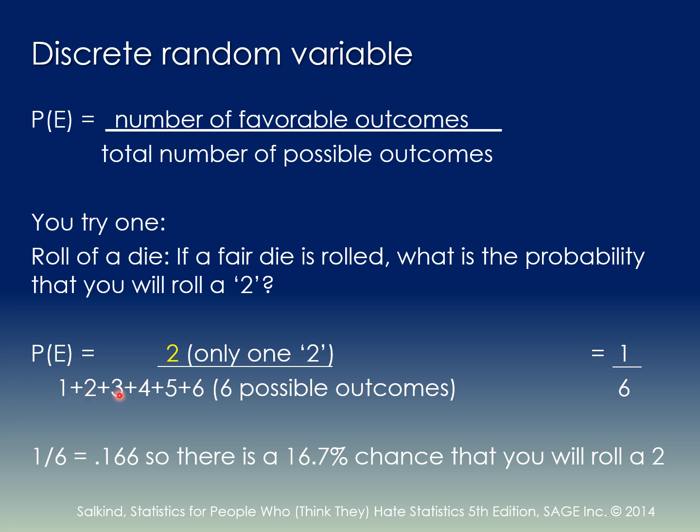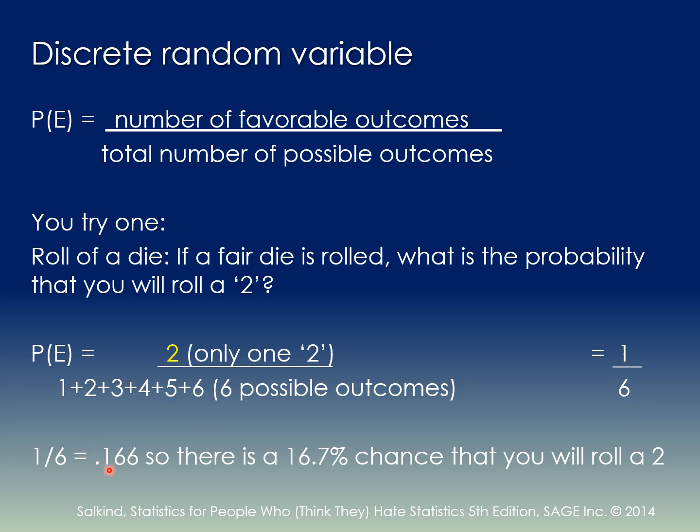Each one of these outcomes gets a value of 1 because it's one potential outcome. But there are 6 potential outcomes on the bottom. So I add up all those ones together, I get a value of 6. And so our fraction for the probability of rolling a 2, if it's a fair die, is 1 over 6.